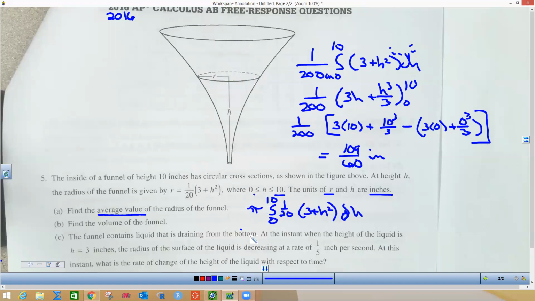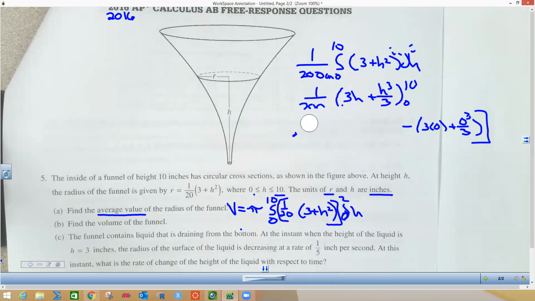So we would need to stick a pi out here for the volume. And then we would need to take this as our radius, and we have to square that radius. So this is going to be the equation to find the volume of what liquid can go inside this.